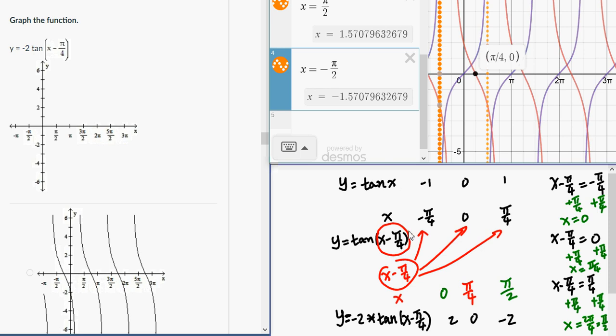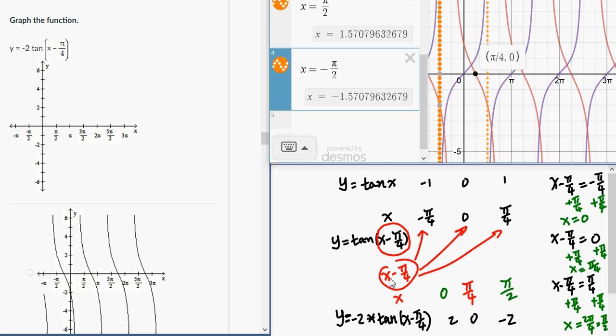Right now, if you have x minus pi over 4, you want this quantity to end up with 0, because then tangent 0 is 0. So you need x to be pi over 4.